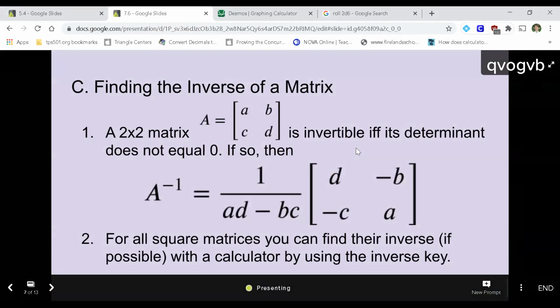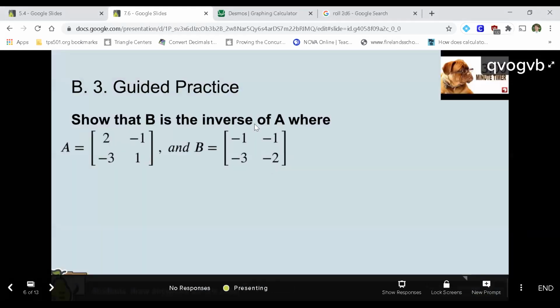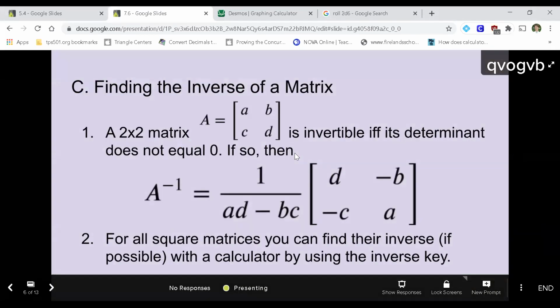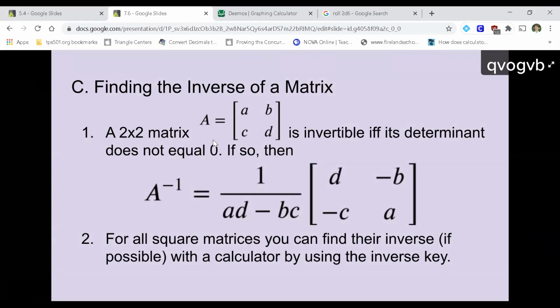Now, how did they come up with this other matrix? For a 2 by 2, you can do that by hand. Please note, though, that a matrix is invertible if and only if its determinant does not equal 0. If the determinant of your matrix is 0, it is not invertible.